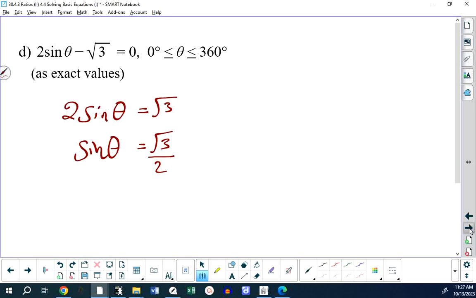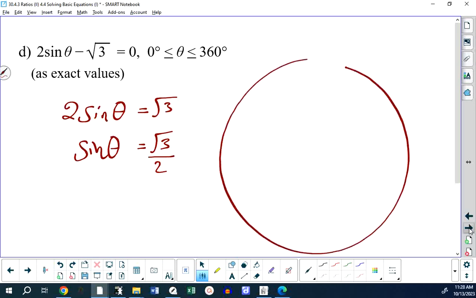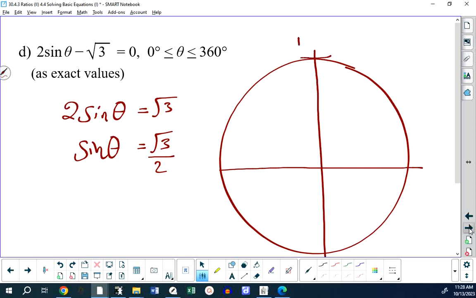Because sine is y on the unit circle, where is y equal to root 3 over 2? No reference angle needed. If I were to draw a circle, and I know that on the unit circle this is 1. When one of the halves of the coordinate pair is root 3 over 2, the other is a half or negative a half, so it doesn't take me very long to realize that we are talking about this location and this location.